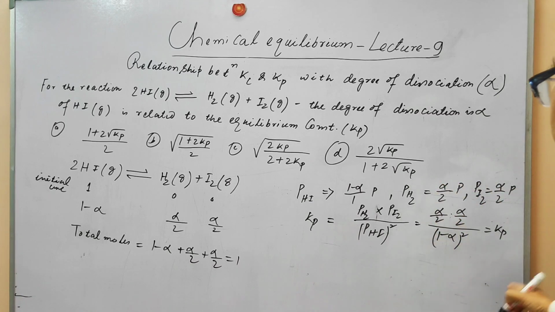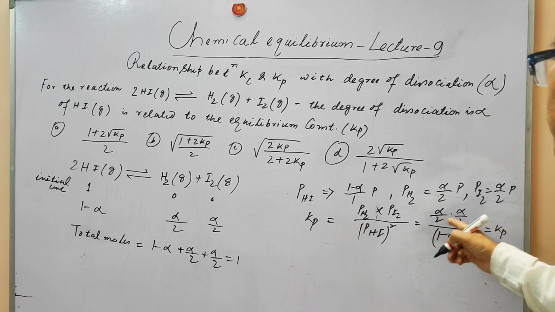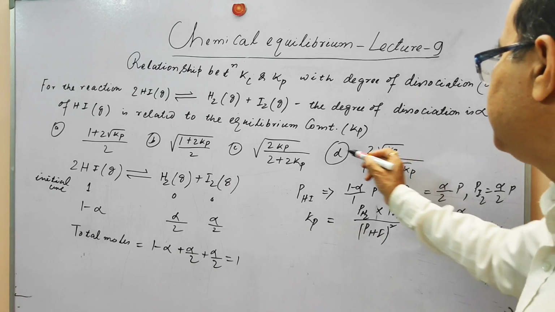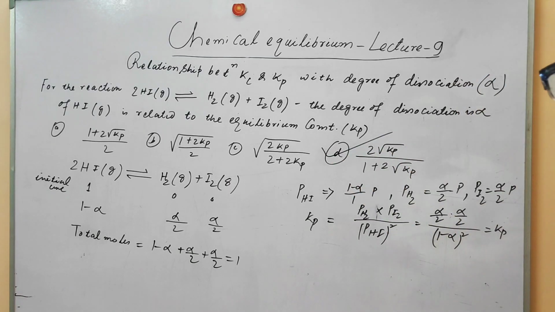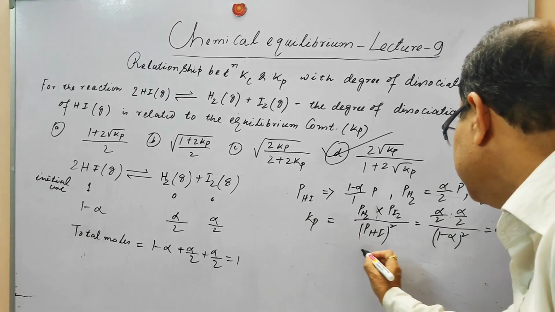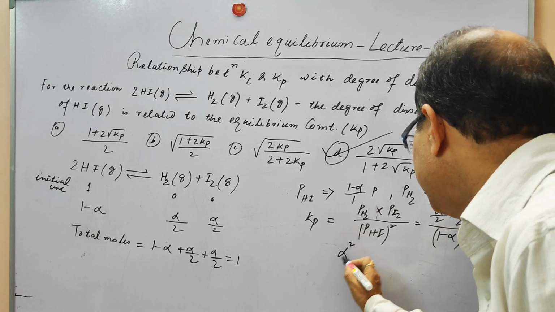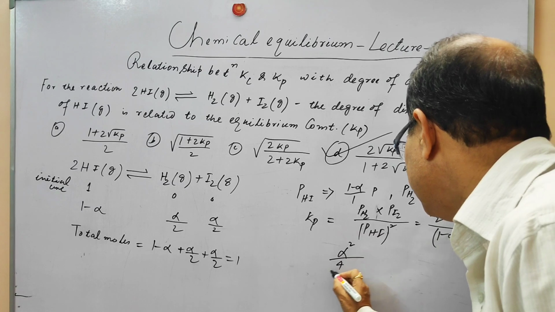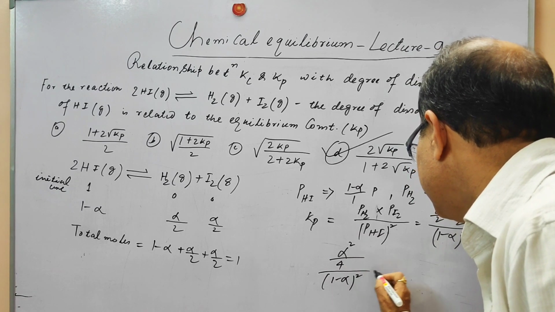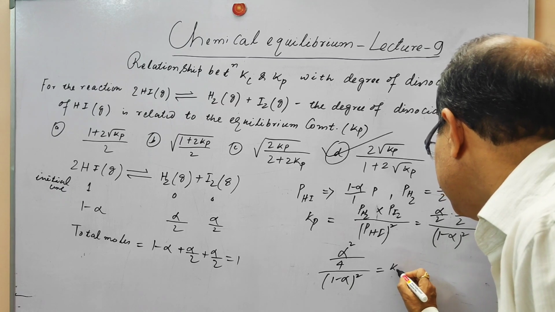Now if you simplify this, we will get the answer, that is D. How do we get this answer D? You see, this is alpha square by 4 divided by (1 minus alpha) the whole square. This is Kp.